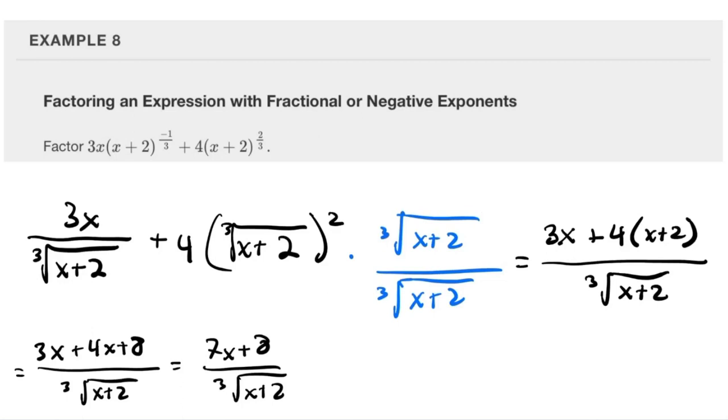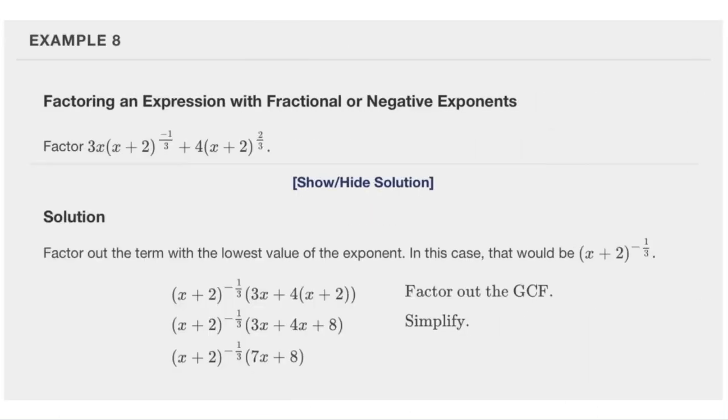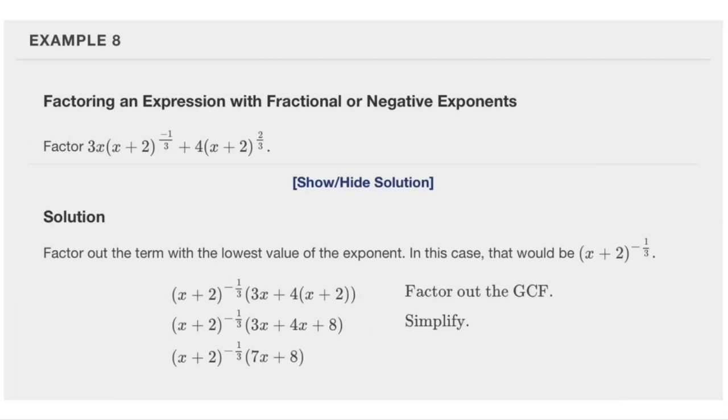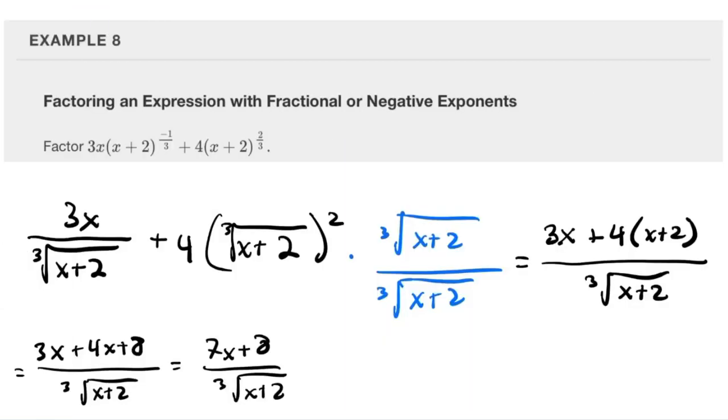Again, we would need 2 more copies of the denominator to get a perfect power of 3. So I feel like that's going to make it worse. We might be able to leave it here. Let me just see how they did their final answer. They factored out the cube root, so they left it.